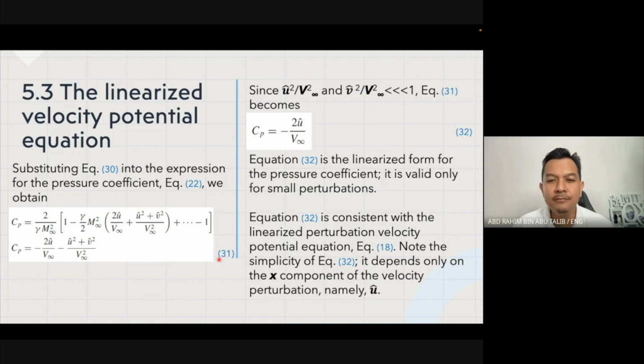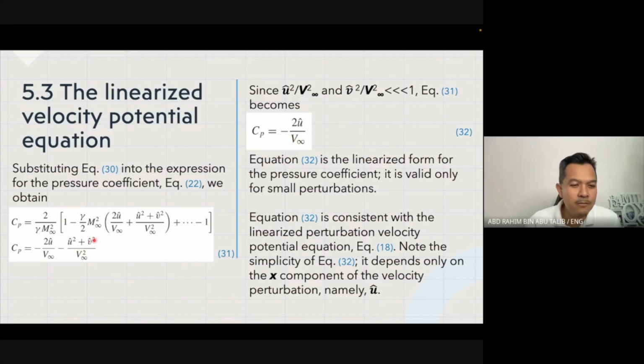All right. Since we know that the perturbation velocity u squared over V squared free stream and perturbation velocity v squared over V squared free stream are very small, much less than 1, equation 31 becomes only Cp equal to minus 2 times perturbation velocity u over the free stream velocity.